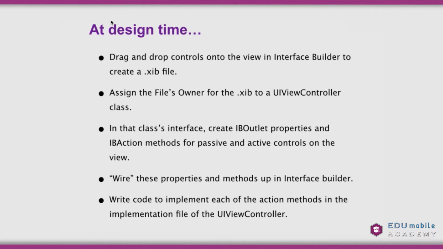And then in that view controller's interface, we're going to create our IBOutlet properties and IBAction methods for the passive and active controls on the view. Then we go back into Interface Builder and we wire up these properties and methods. And then we write code in the implementation file of the view controller to implement the action methods that we're going to fire when we press buttons or move sliders or do whatever we do.